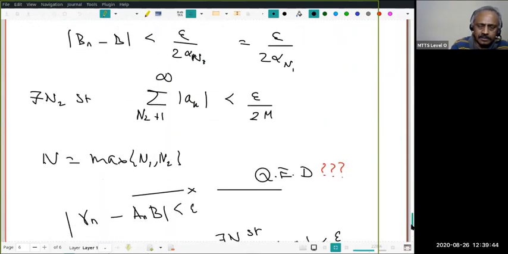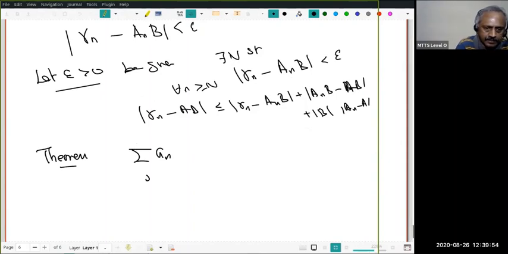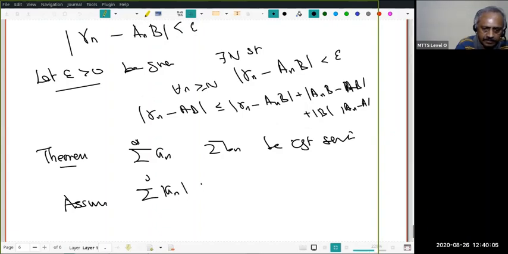So what are the things which go? Right. The first thing is, as I said, now let's write the theorem so that we will know. Let summation a_n, n from 0 to infinity, and summation b_n be convergent series. Assume one of them is, assume mod a_n is convergent. Okay, that means, if you know absolute convergence, assume summation a_n is absolutely convergent and summation b_n is convergent.